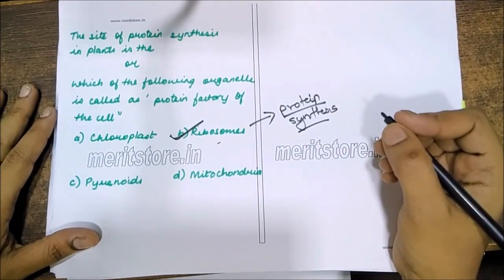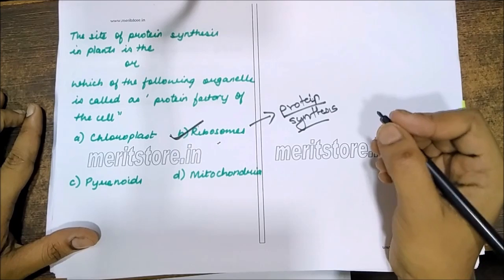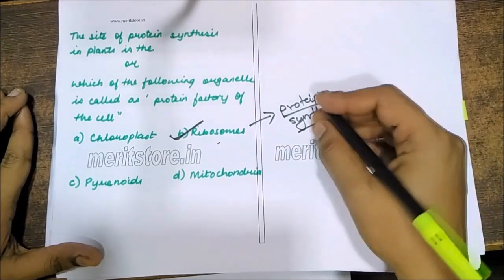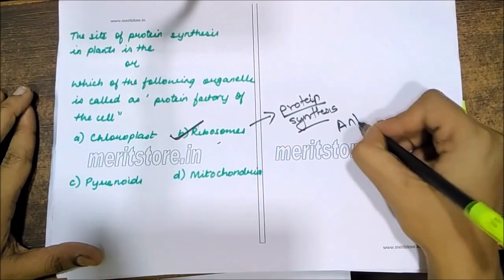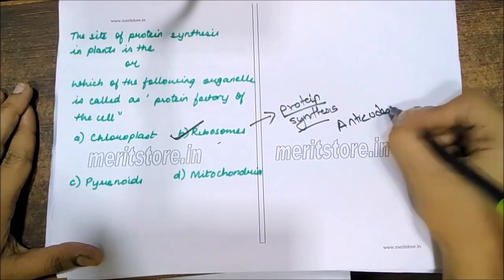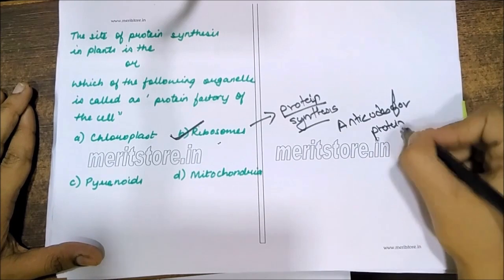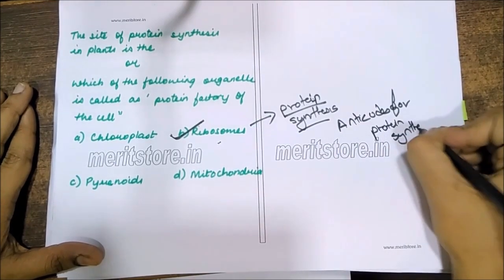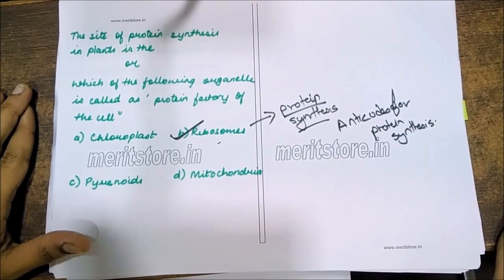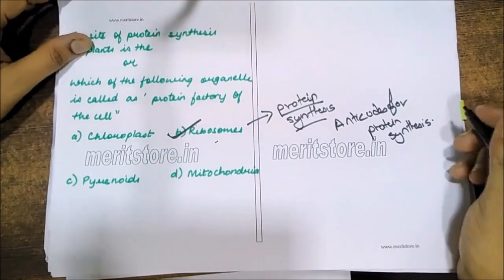So it has two subunits attached with the thread of mRNA. So these have anticodons for protein synthesis. So the correct option is B, ribosomes. Next question.